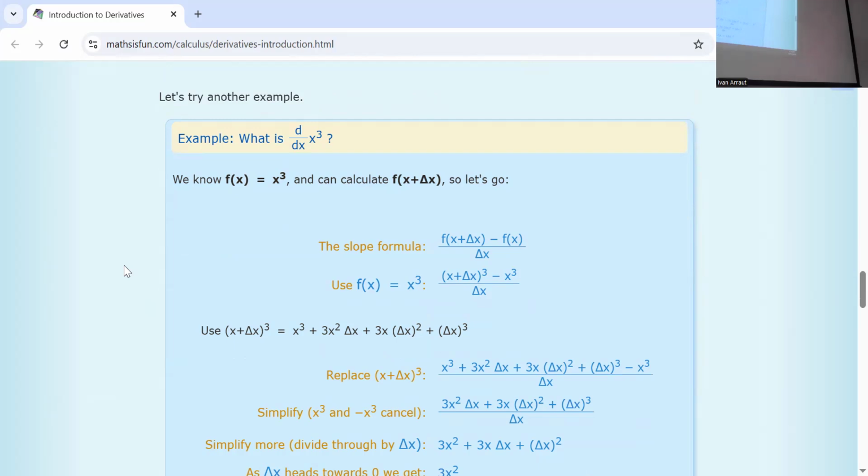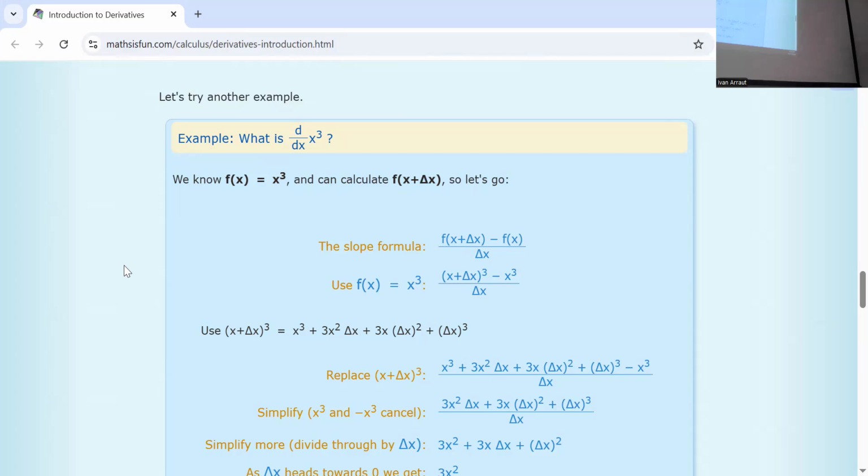Let me delete this here. The function is x to the cube. And I want to calculate the derivative. 3x squared.